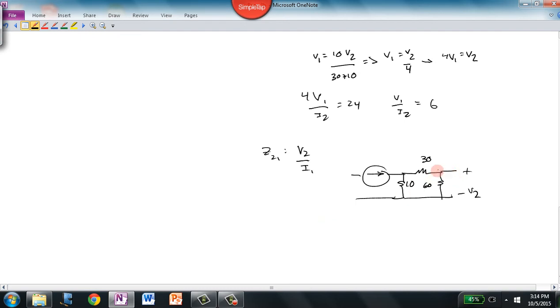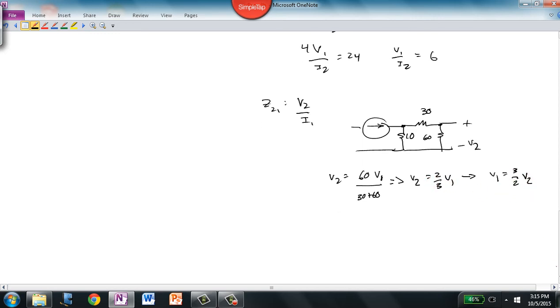So I can just say that V2 here is equal to 60 times the voltage at that node, which is V1, divided by the two legs of the voltage divider, 30 plus 60, and that gives me V2 is equal to 2/3 V1, or V1 is equal to 3/2 V2, just by rearranging that fraction right there.